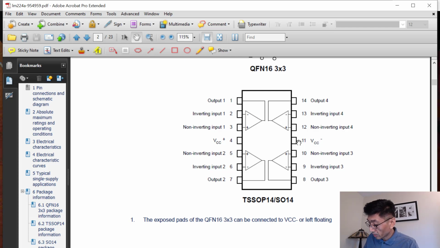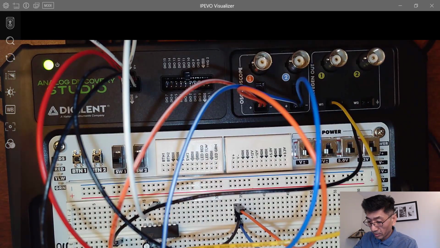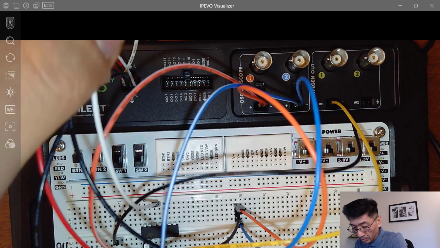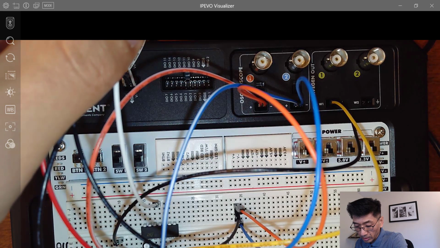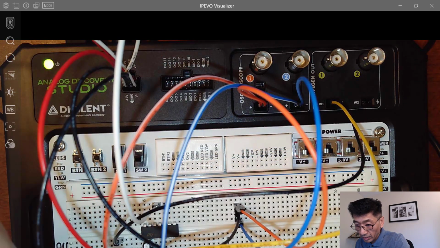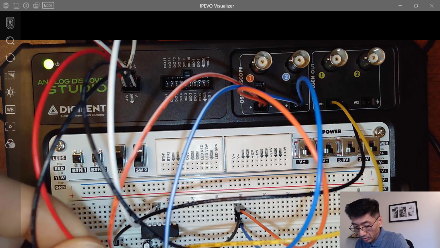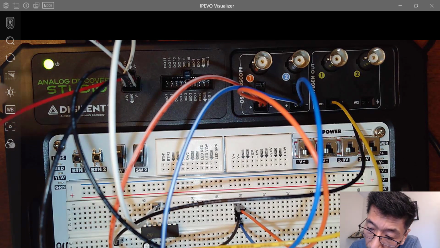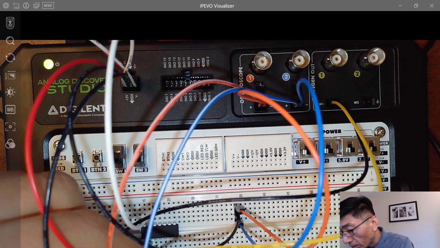If you look at the board here, this white one is the negative 12 volts, and that goes to pin 11. And this red one is the positive 12 volts, which goes to pin number 4.